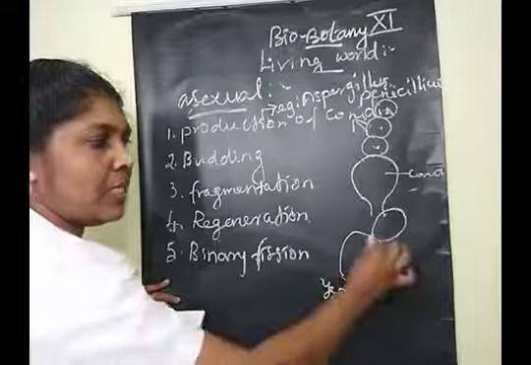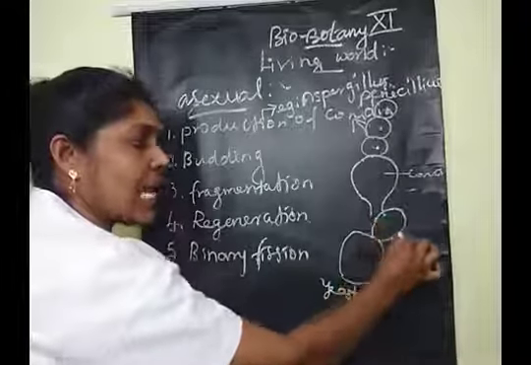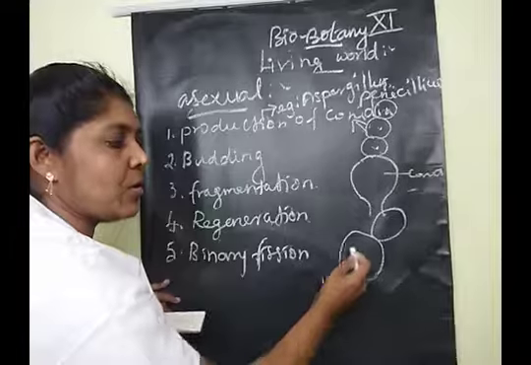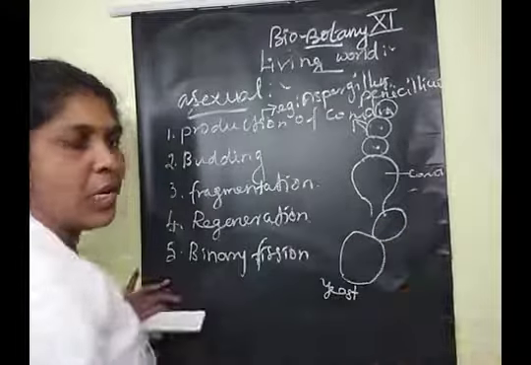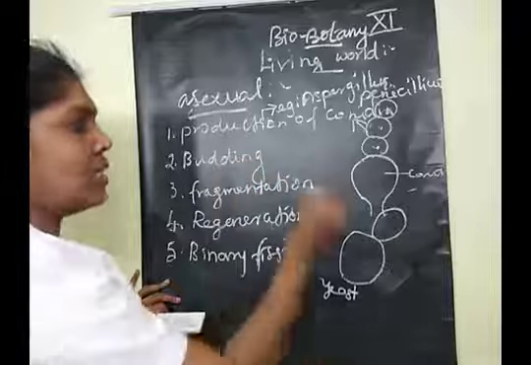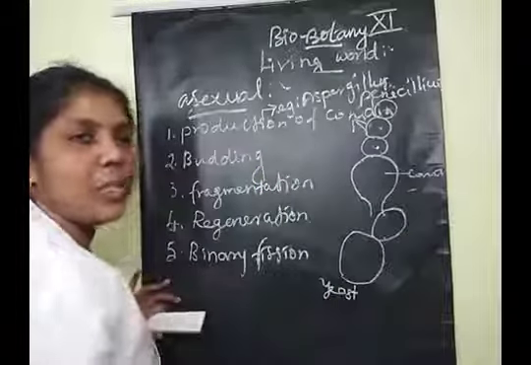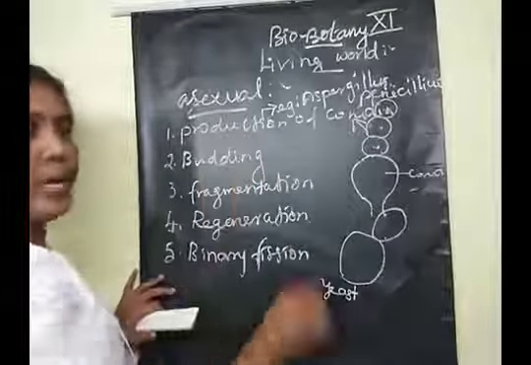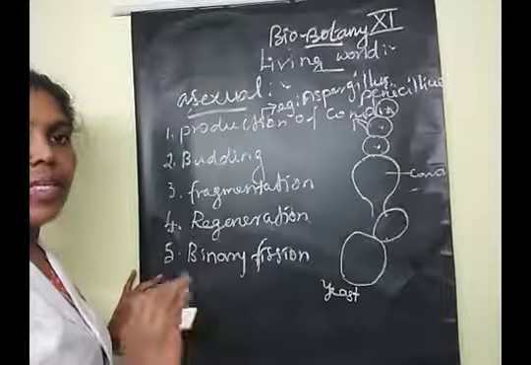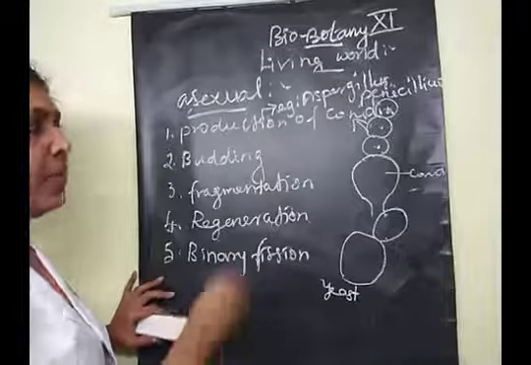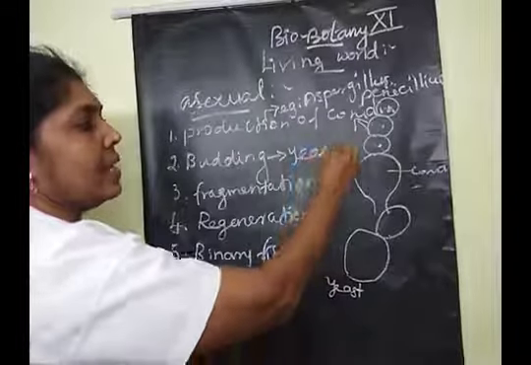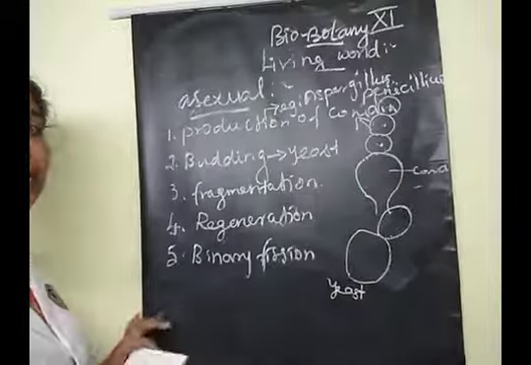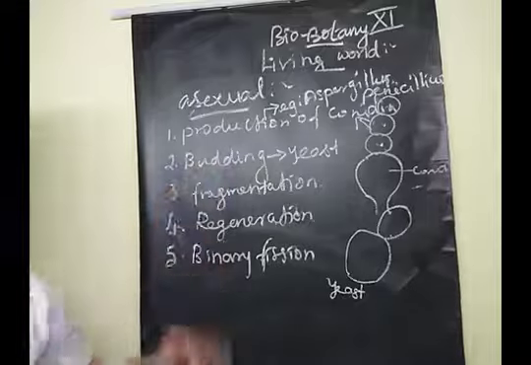Understood, children? The outgrowth produced from the parent cell, after it separates as a new individual, this type is called budding. Good examples are yeast cells and Hydra. These are examples of budding.